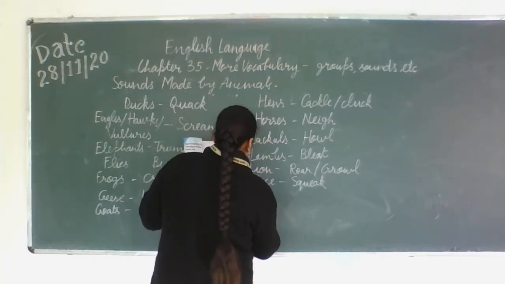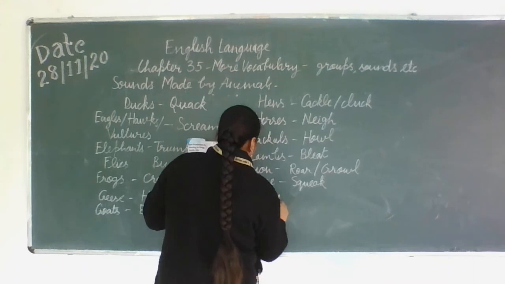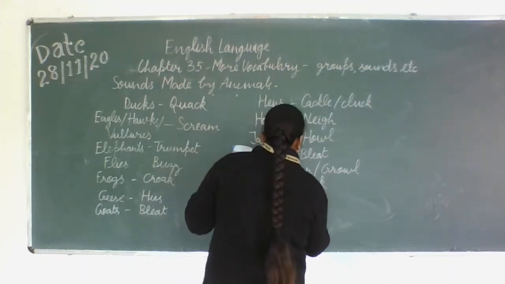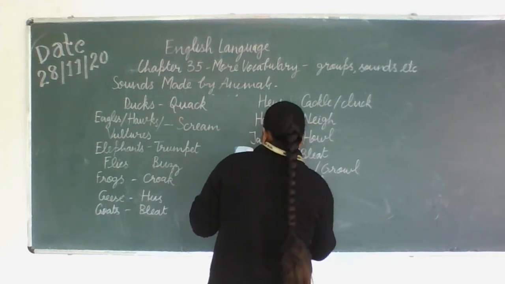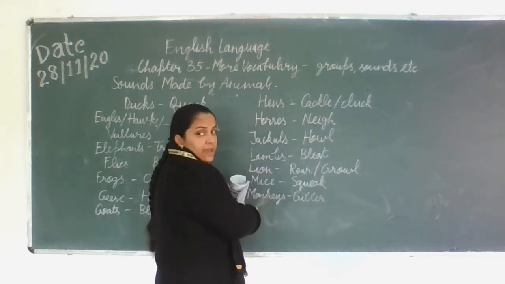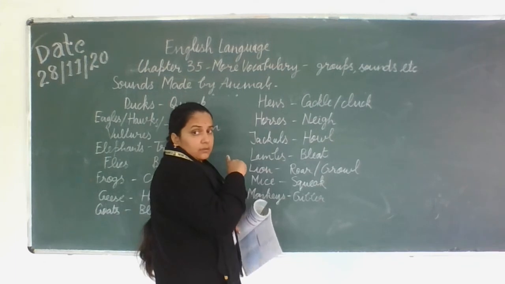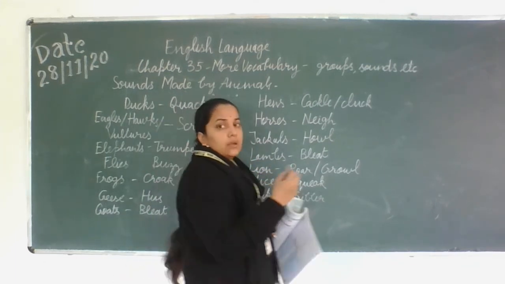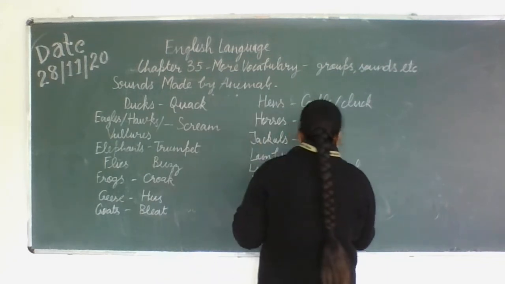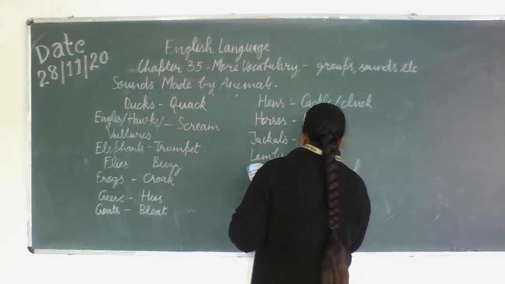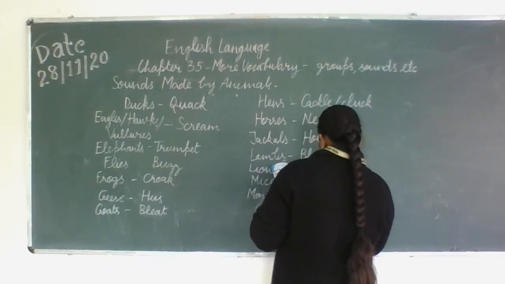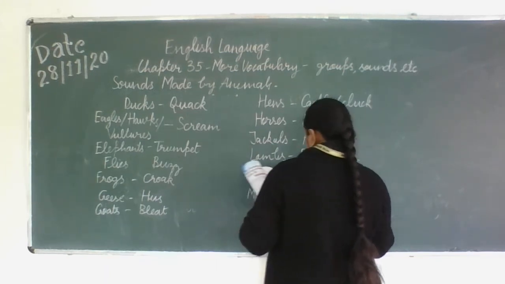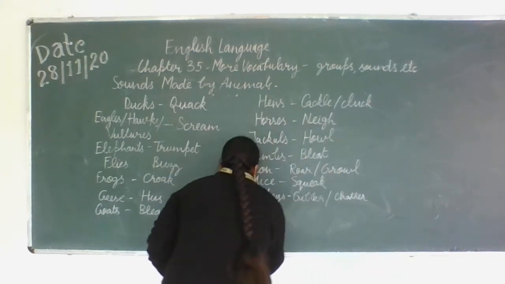Monkeys. The sound is known as gibber, as the sound of apes that we learned first, because the apes are similar to the monkeys. So the sound is also known as gibber or chatter. The next one is owls.